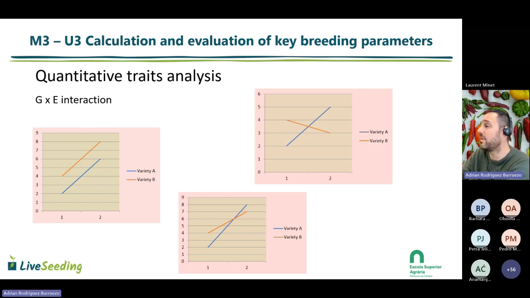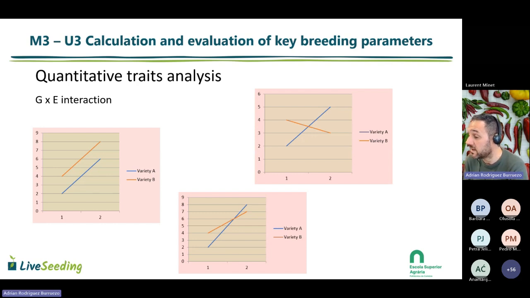And on the other side, in the far right example, you can see that the performance of the two varieties is crossed. Variety A clearly increases from environment 1 to environment 2. By contrast, variety B decreases when you pass from environment 1 to environment 2. What is happening here? Can I say that one environment is better compared to the other?